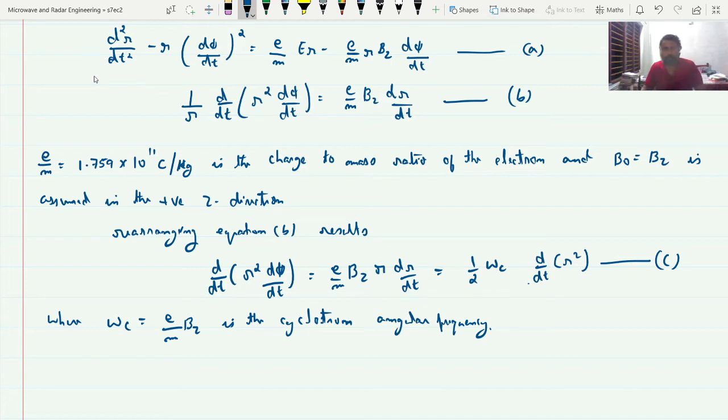E by m times 2r into d by dt of dr by dt. So r and 2 can cancel.